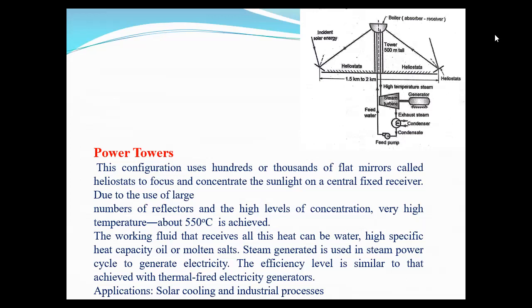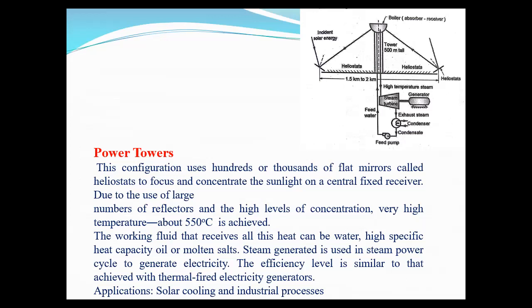As this receiver is fixed on top of the tower and not moving, we can directly produce steam. In the case of a parabolic collector or parabolic dish type collector having a tracking system, it follows the sun and is moving, so we cannot generate steam in the moving part according to Indian Boiler Regulations, IBR.